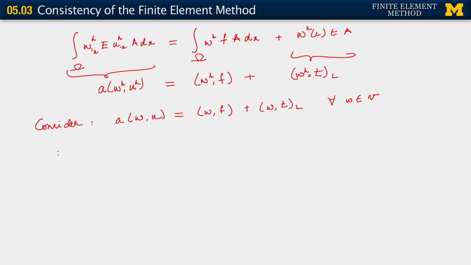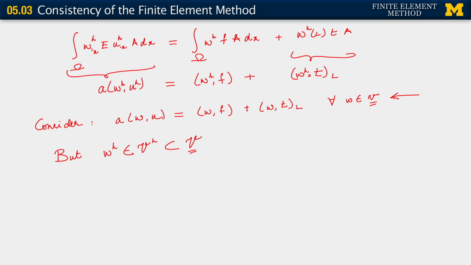But then also recall that w h, which is our finite dimensional weighting function, belongs to V h, which is a subset of V. What this says is that when we say the infinite dimensional weak form must hold for all w belonging to V, it also holds for finite dimensional weighting functions, because finite dimensional weighting functions also belong to the same space.